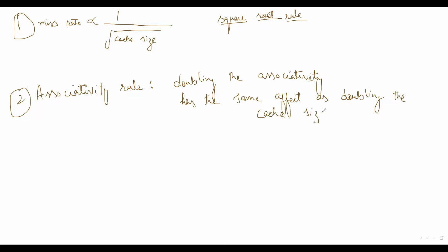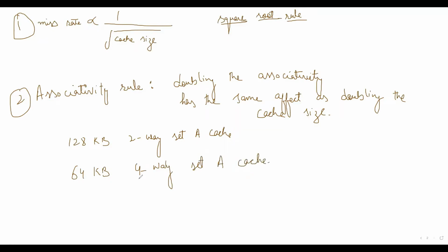What does that mean? It means that, let's suppose I have a 128 KB two-way set associative cache, and I have another 64 KB four-way set associative cache. So you can see here we have doubled the associativity.